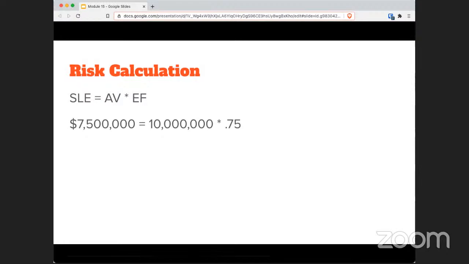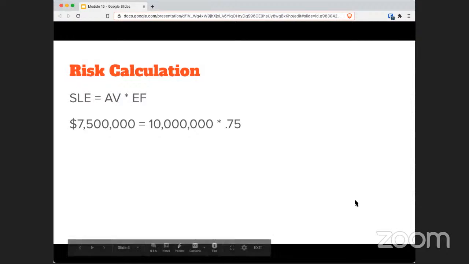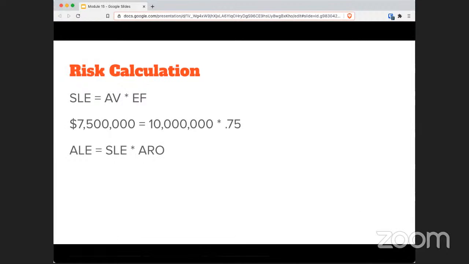The annual loss expectancy, ALE, is the expected monetary loss in a 1-year period. It is calculated like this. Take the single loss expectancy, multiply it by the annualized rate of occurrence to get the annual loss expectancy.